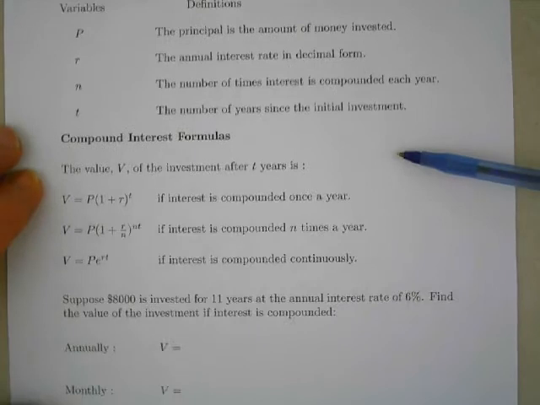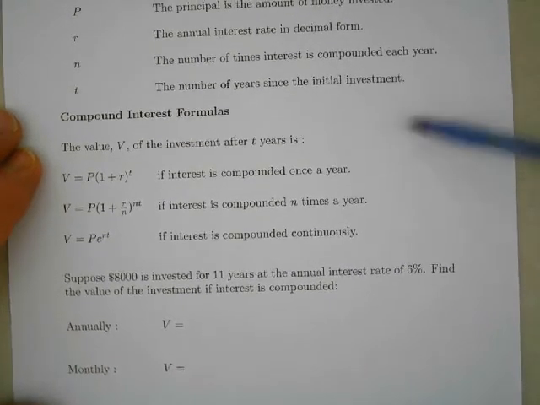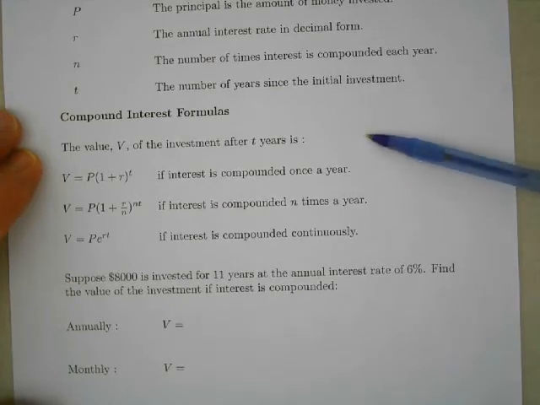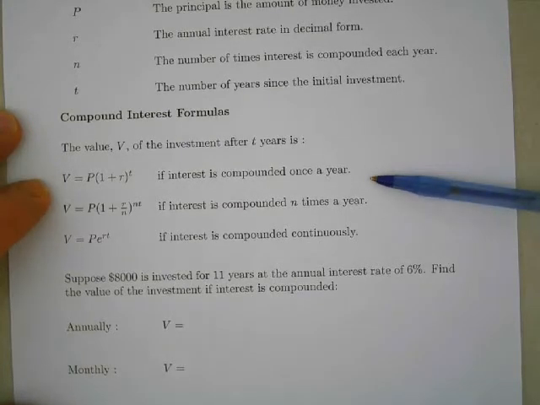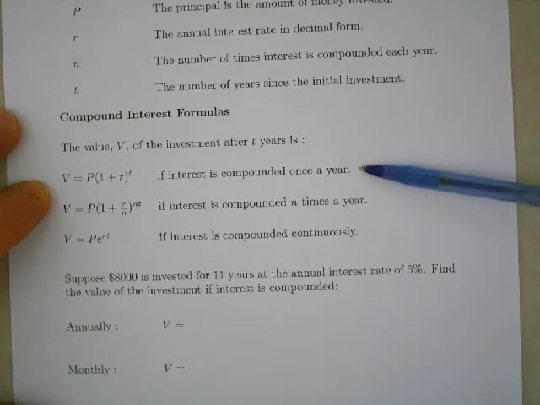Okay, so the compound interest formulas are as follows. The value V of an investment after t years is P times 1 plus R raised to the exponent t if interest is compounded once a year. This is the formula that we derived on the previous page.